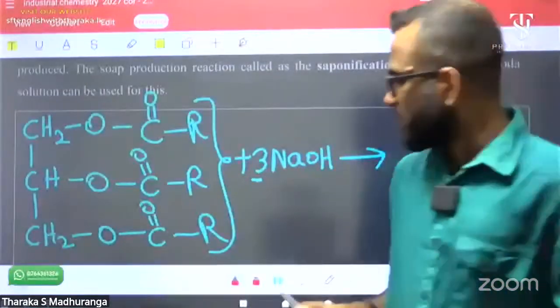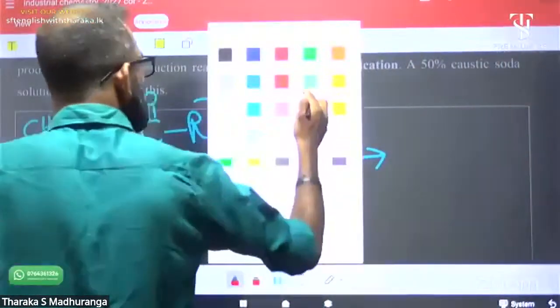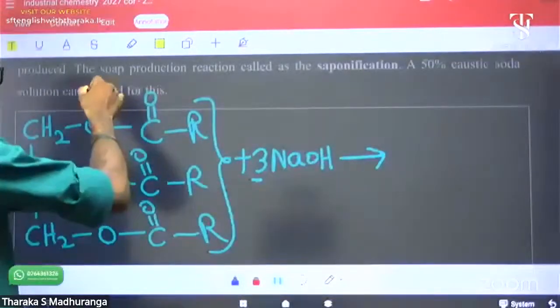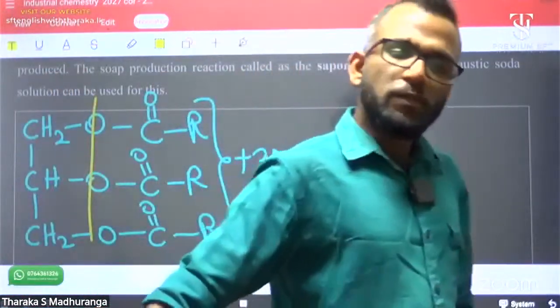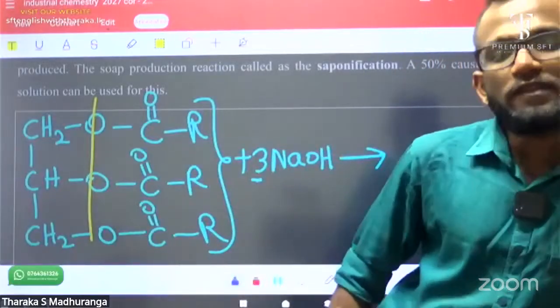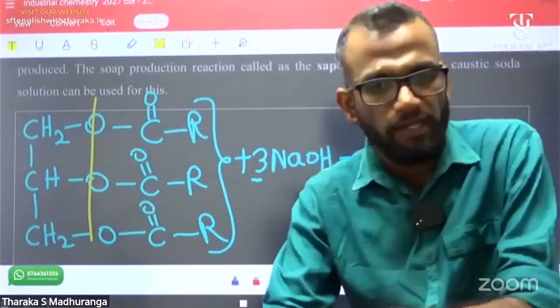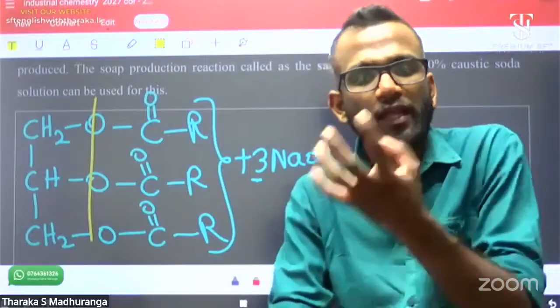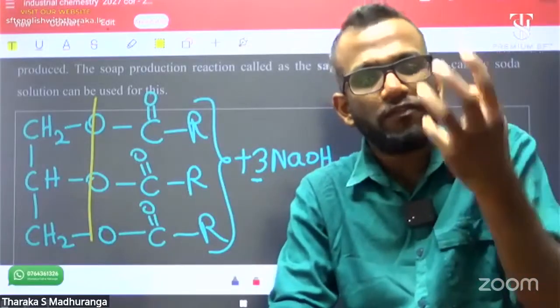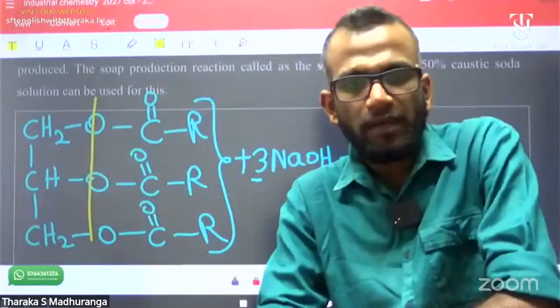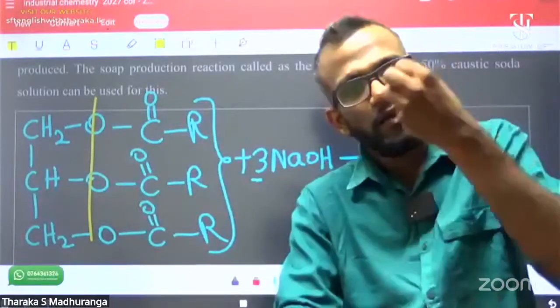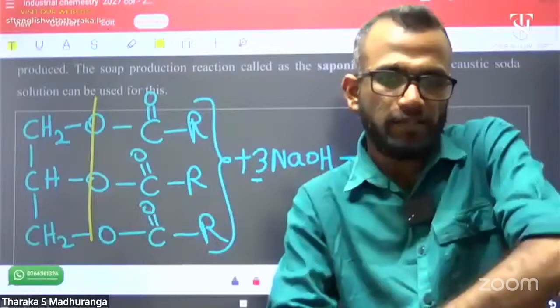Sodium hydroxide and triglyceride, what are they doing? What happened? They break down these ester bonds. That we call hydrolysis of triglyceride, right? In the hydrolysis process, the products are again glycerol and 3 fatty acids.